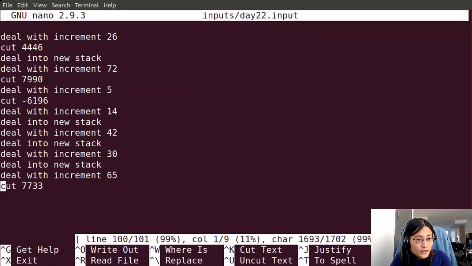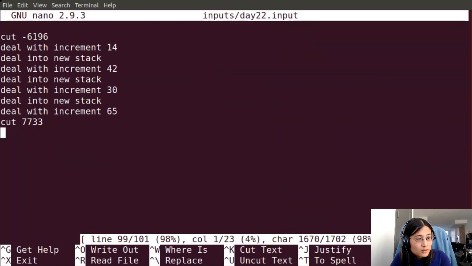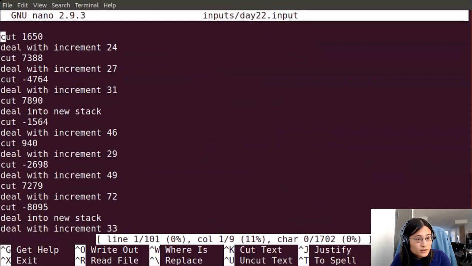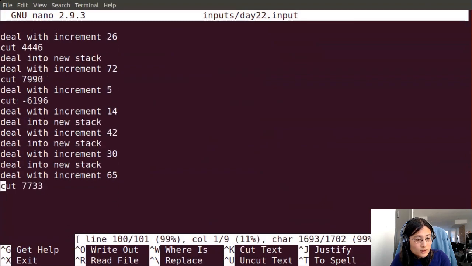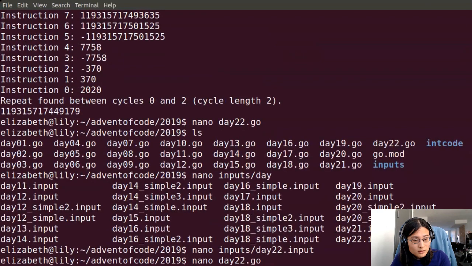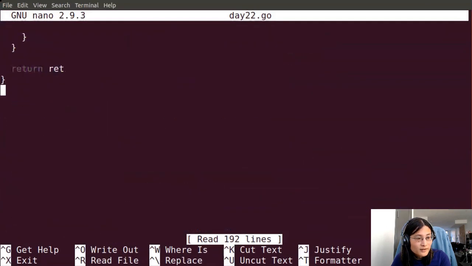Instruction number 90. This is instruction 0, which means this one is instruction 99. This one is instruction number 98. Deal with increment 65. So my deal with increment is wrong.